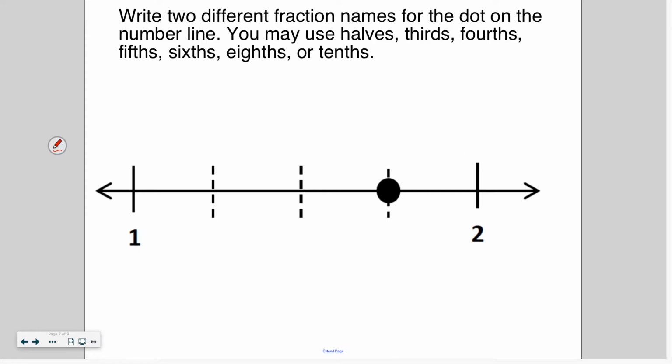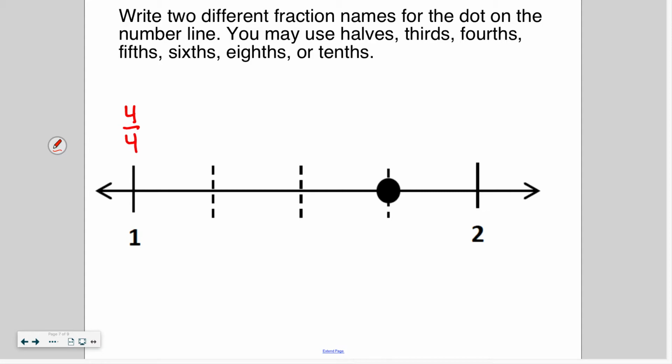But this 1 whole makes it very different because we're not starting at 0/4. What would we start at instead? It was 1 whole in fourths. So how many fourths do I need to make 1 whole? So this would represent 4/4.